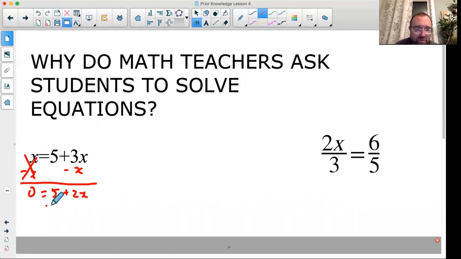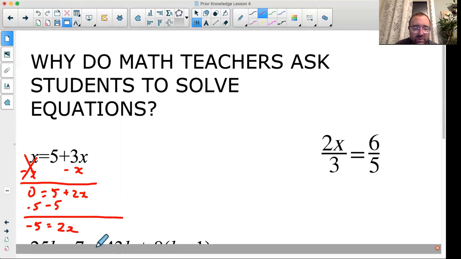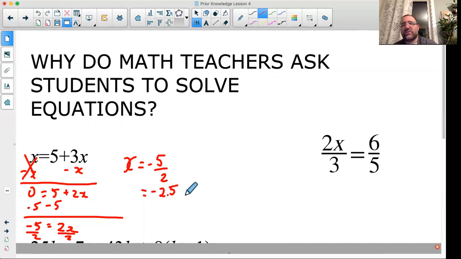So move the 5 by doing negative 5, negative 5. Now we're at negative 5 equals 2x. Now we need to divide both by 2, and our final answer will be x equals negative 5 over 2. I prefer to leave it as a fraction, but some students like to take the next step of writing that as a decimal, and this would be the decimal for that case.